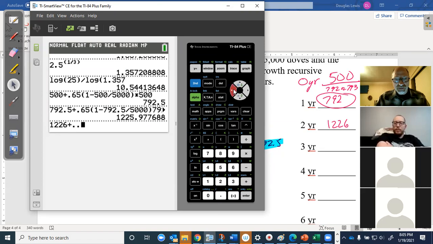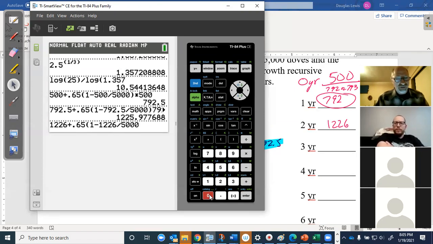This is harder because I'm on a computer doing this. And then instead of my regular calculator, 1 minus, and again, 1226. And notice I rounded that off because that's so small of a rounding, right?